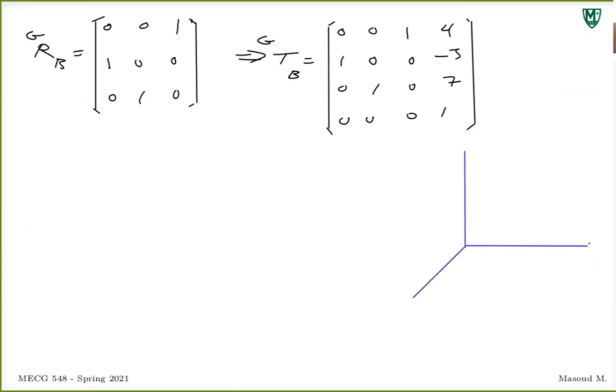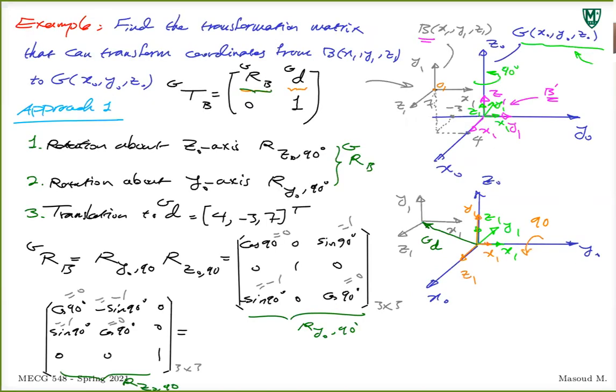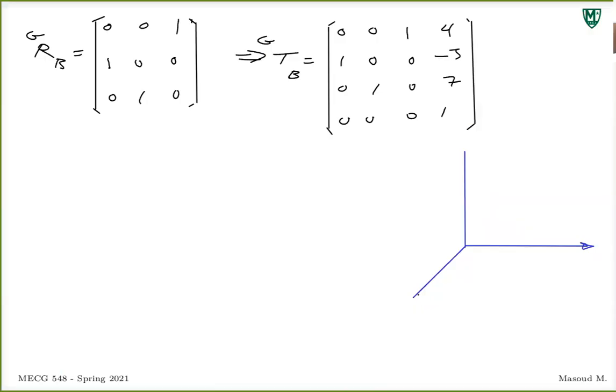This time I have to get this right. What did I put? X naught, Y naught, Z naught, right? So this is G, X naught, Y naught, Z naught.